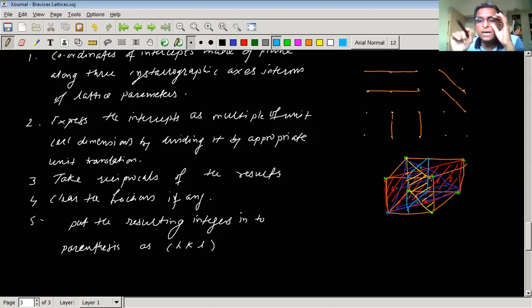Because of that, and all this is required while doing crystal structure studies, it is required to designate and describe these planes. Each plane can be described in a specific manner, and that method of description of the plane is given by the scientist Miller, and accordingly the index of the plane is called the Miller index, and the indices of the different planes are called Miller indices.